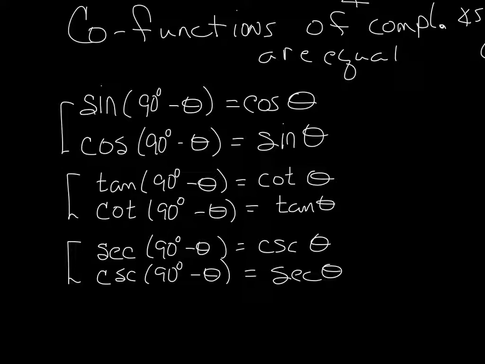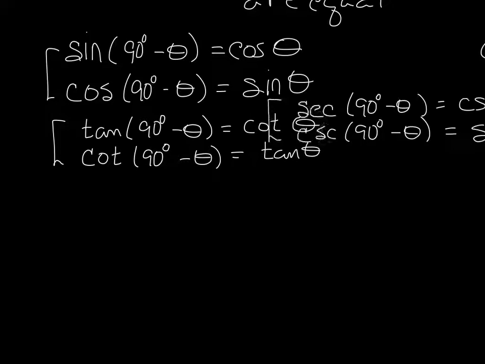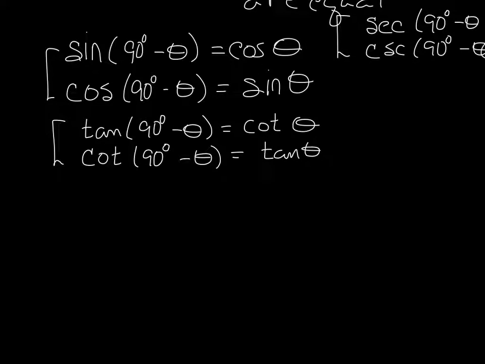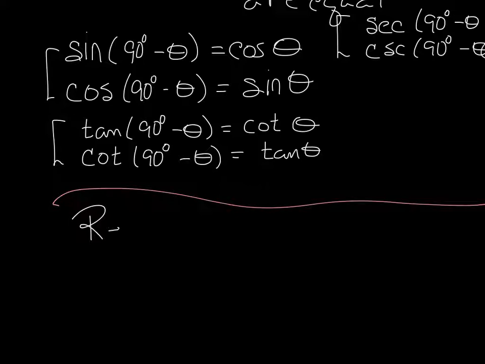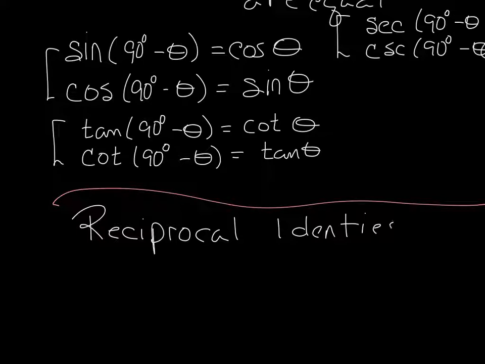All right, we also have some other identities. These are reciprocal identities. And we've talked about these. Sometimes having the identities allows us to rewrite a trig function, which makes it easier to solve.